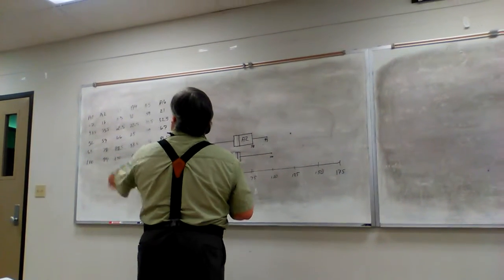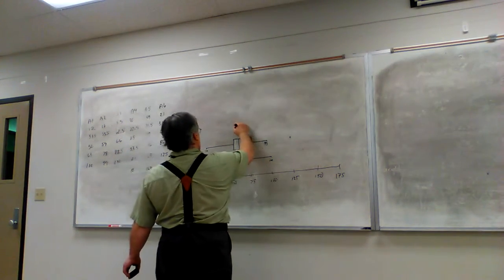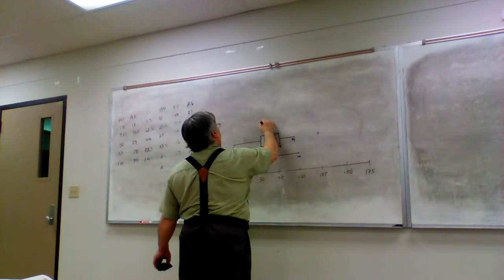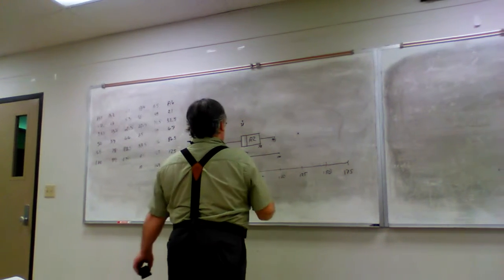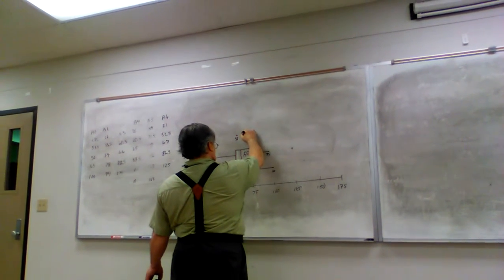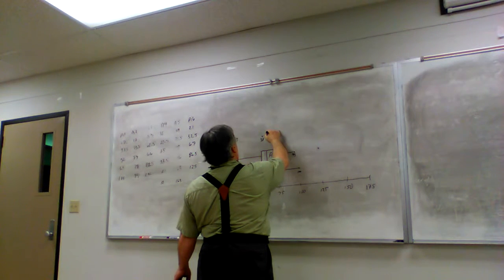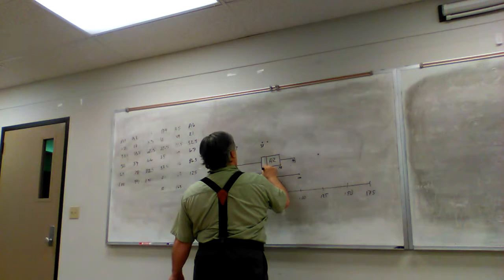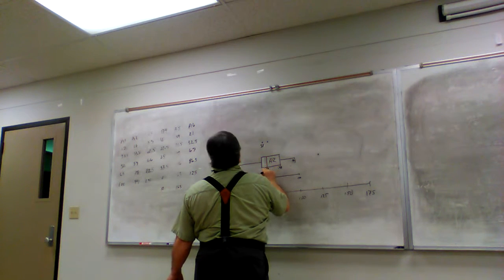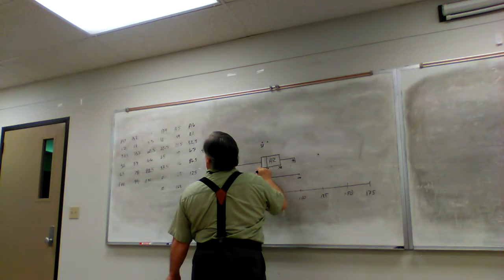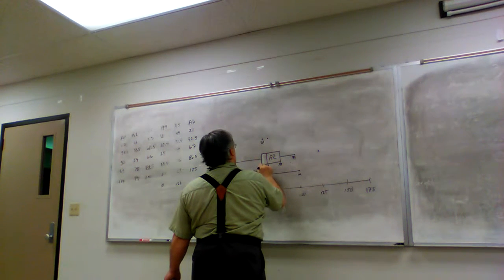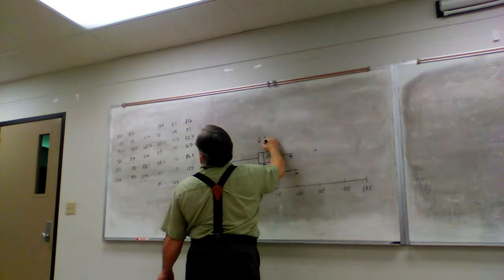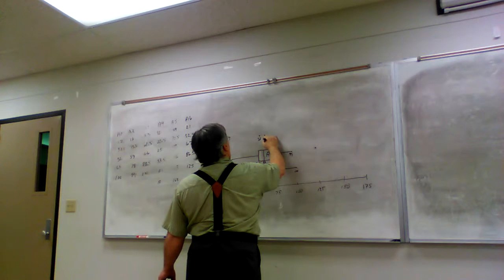All right. A3, we start at 53. We go to 60.5. It's going to be about right here. This will be 60.5.